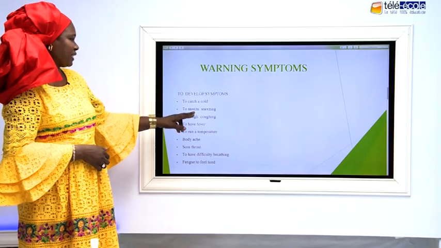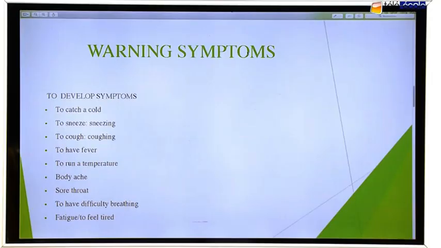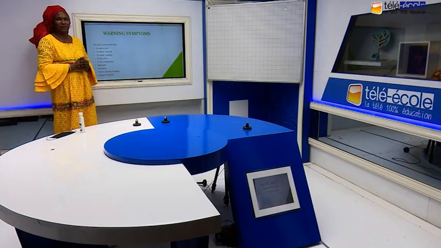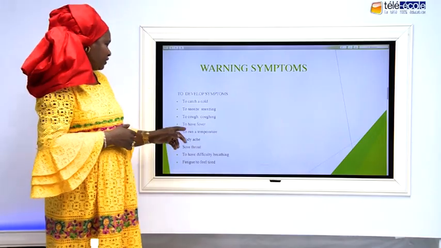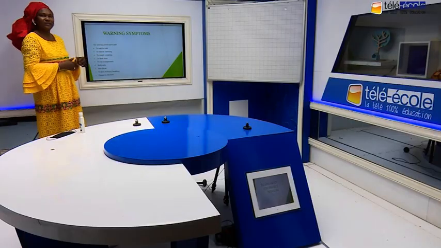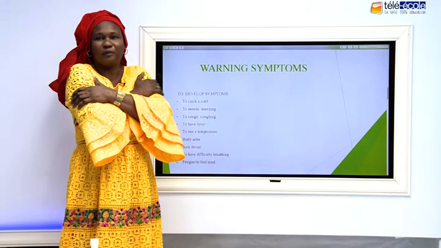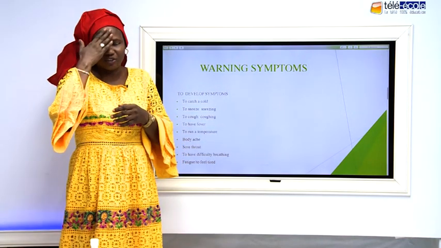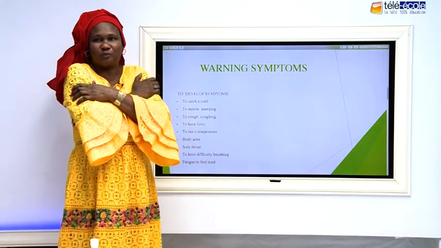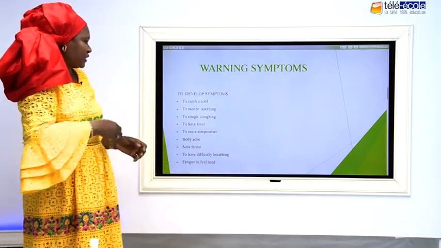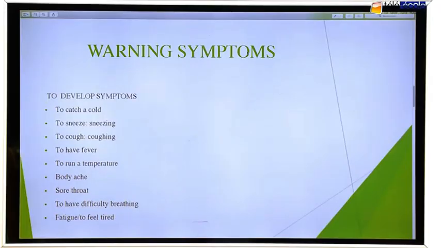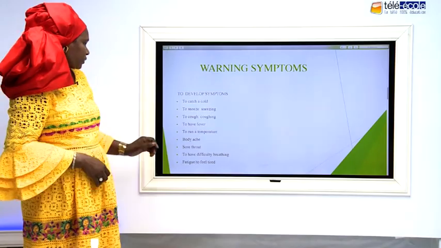The noun from to cough is coughing. Another word is to have fever. To have fever or to run a temperature. Your body is hot. If I touch your forehead or if I touch your body, it's hot. We say that you have fever or you run a temperature.